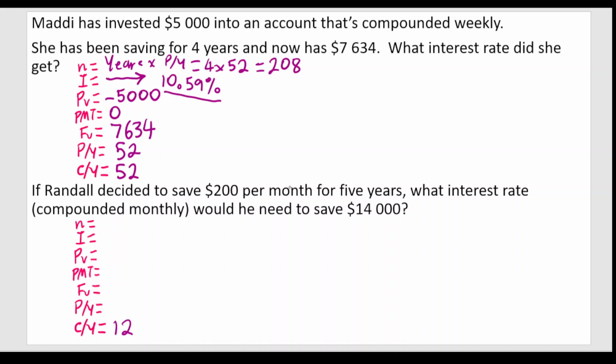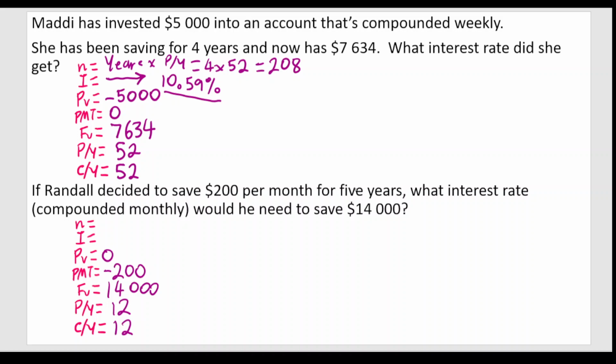He's saving $200 per month, so again, that's 12. And the $200 is the PMT, which is a negative value. He wants to save up $14,000, so that's his future value. And we're going to say that he's starting off with $0 because we haven't been told otherwise.